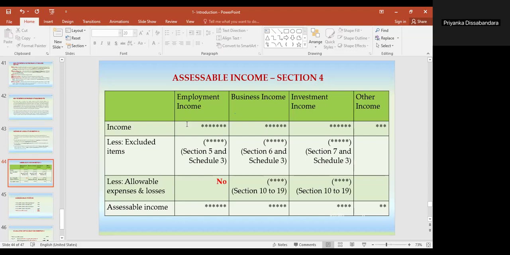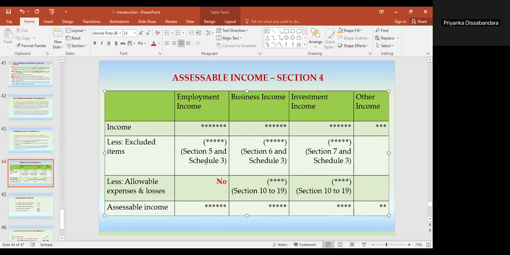In the first step, we collect all income and we should categorize those income under each relevant source. After that, we have to exclude some income items that are not taxable. Those items are provided under each section and under Schedule 3.